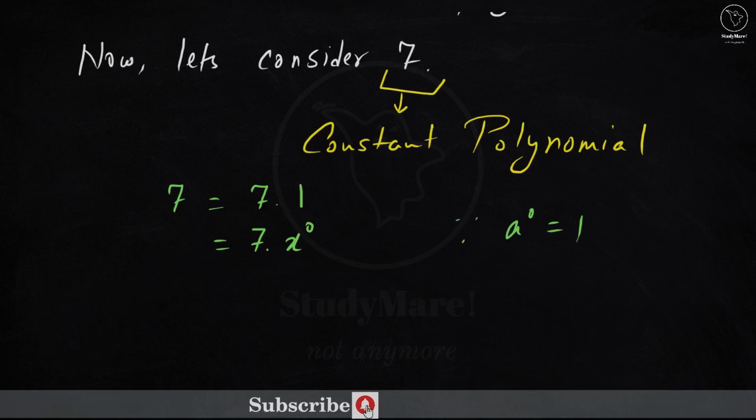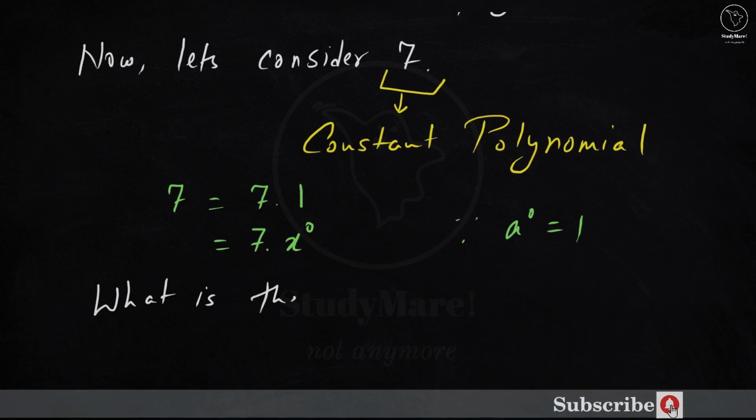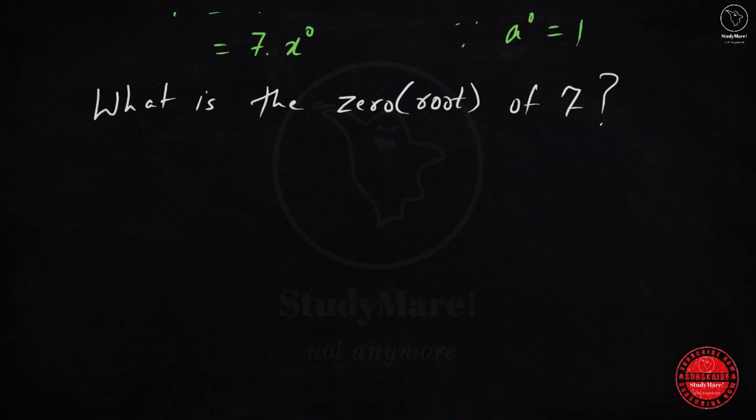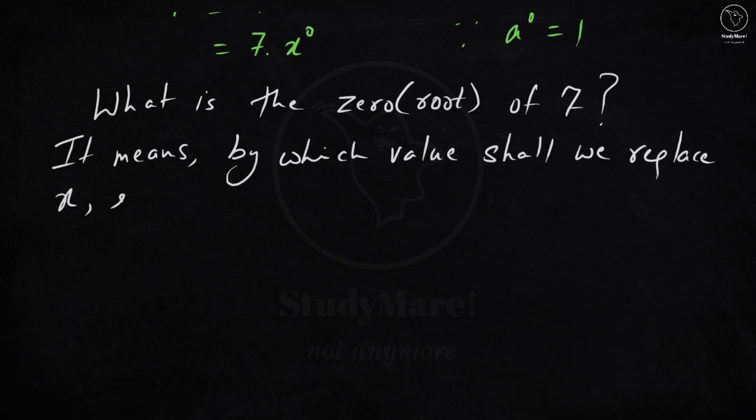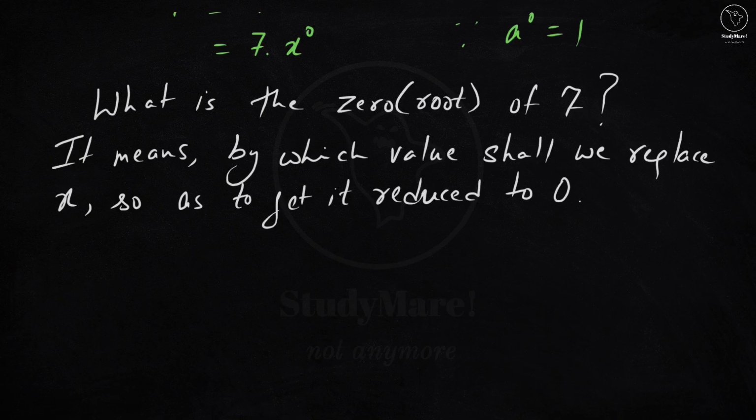So we have simply replaced 1 with x to the power 0. So now, what is the zero or root of 7? It means by which value shall we replace x so as to get it reduced to 0 in this constant polynomial.